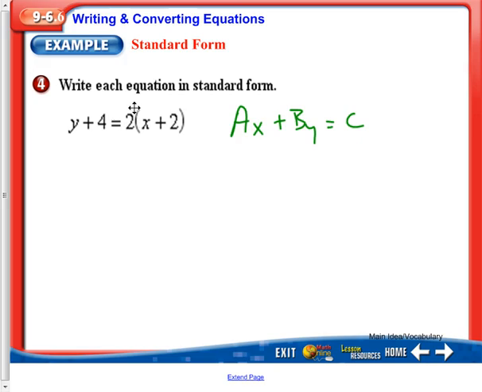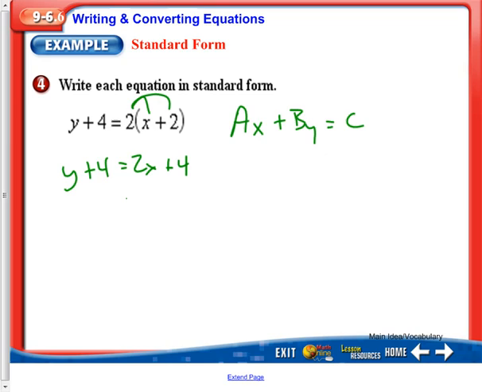So in order to do this, we need to go ahead and simplify this out and distribute. So we're going to go y plus 4 equals 2x plus 4. At this point, I know I need my x values on the left, and I need my y values on the left, and I need all of my constants over here on the right.